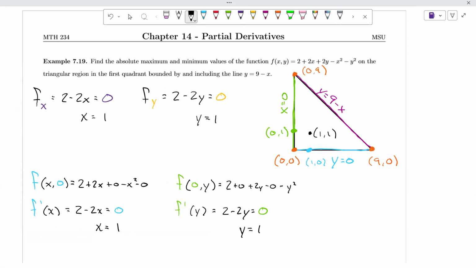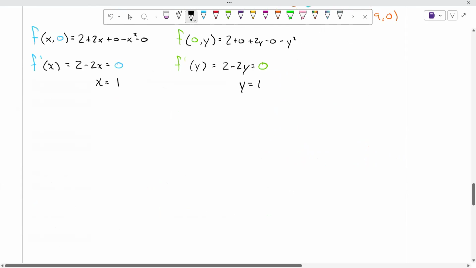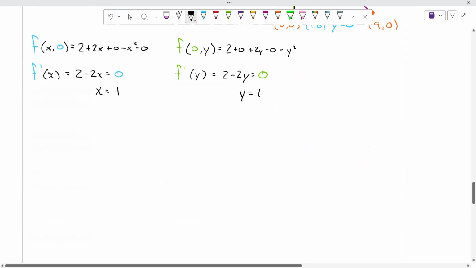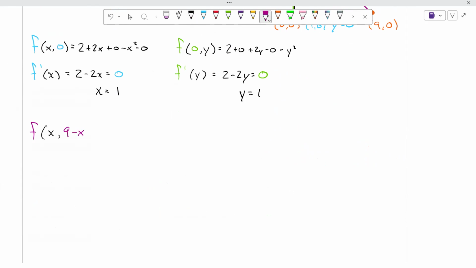Then I've only got the last part to go. Looks like I'll have just some space below these guys. So let's try writing it in there. F of, this is going to be x, 9 minus x, which will be the equation 2 plus 2x plus 2 times 9 minus x squared minus 9 minus x squared.